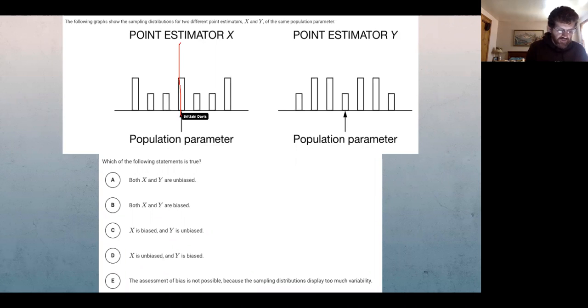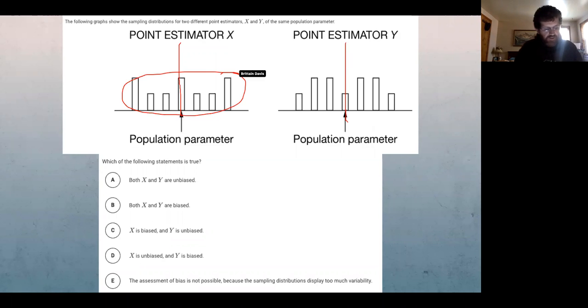So the question is, if these are biased, then the mean of our sampling distribution, all these different columns right here, is not going to equal the population parameter. We're looking for unbiased estimators.